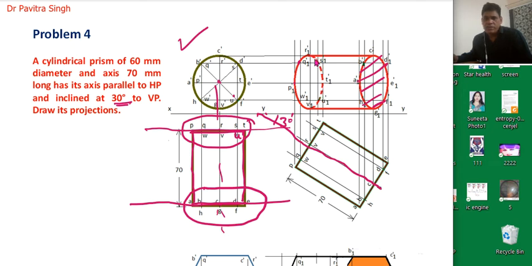Okay, so now we will connect R1 dash to V1 dash, so we will get this surface. Okay, and we have already completed this surface, and we will connect now this line and this line. So this is actually the final projection of this cylindrical prism, which is inclined 30° with the vertical plane.